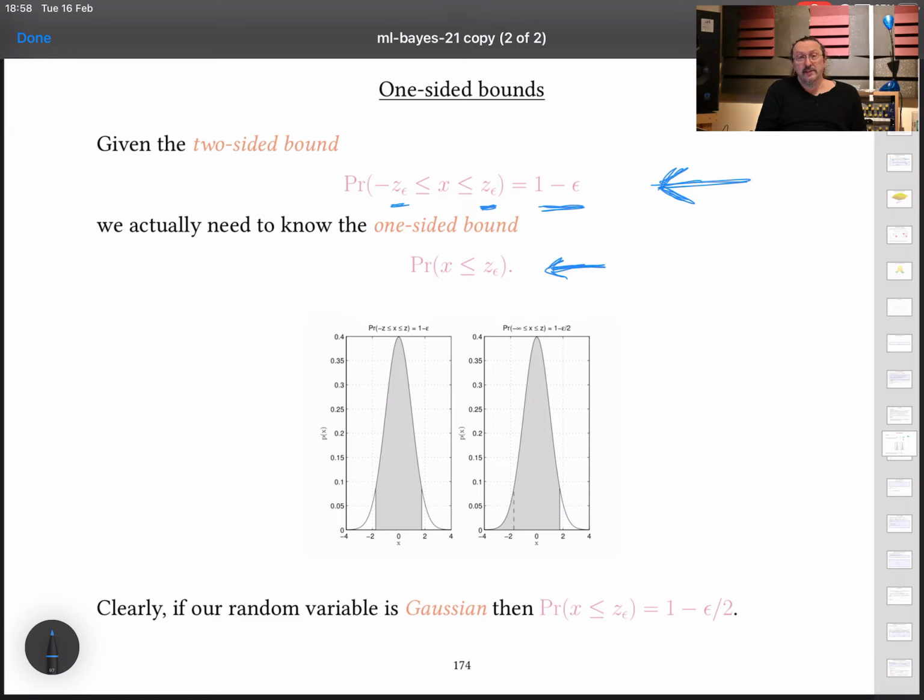And the whole density is symmetric, so each of them must have an integral of epsilon over 2. Okay, that's how much probability lives in each of those unshaded areas. So on the right, the shaded area has just grown by epsilon over 2 with respect to the diagram on the left, and we know that our one-sided bound now corresponds to 1 minus epsilon over 2 rather than just 1 minus epsilon. Okay, so one-sided bounds shouldn't be a worry to us.